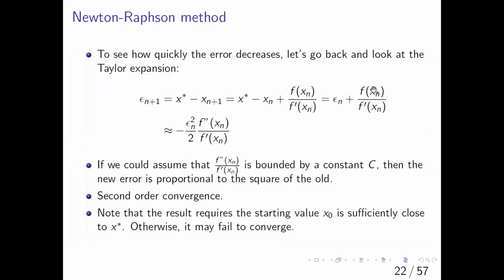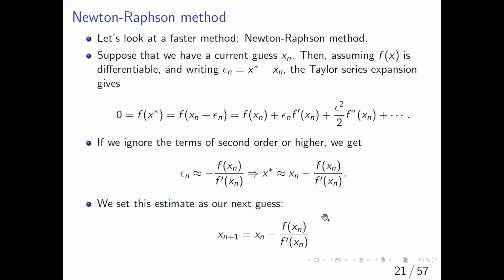So when you look at the update iteration function here, the f prime xn is in the denominator. So as you get closer to the true solution, f prime xn gets closer to 0, which makes the update term become huge.